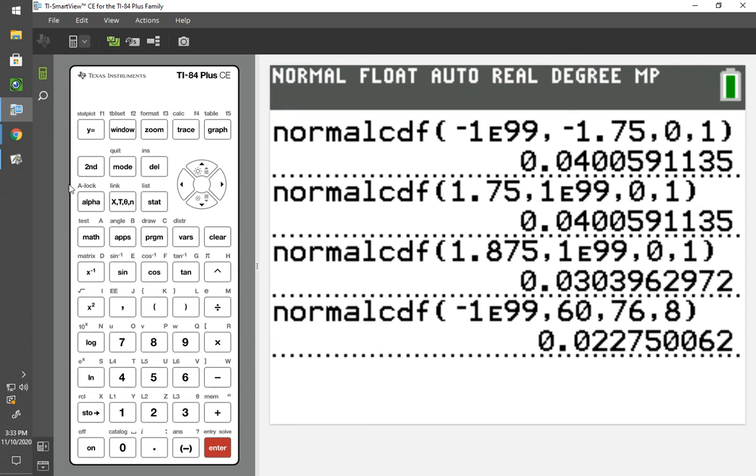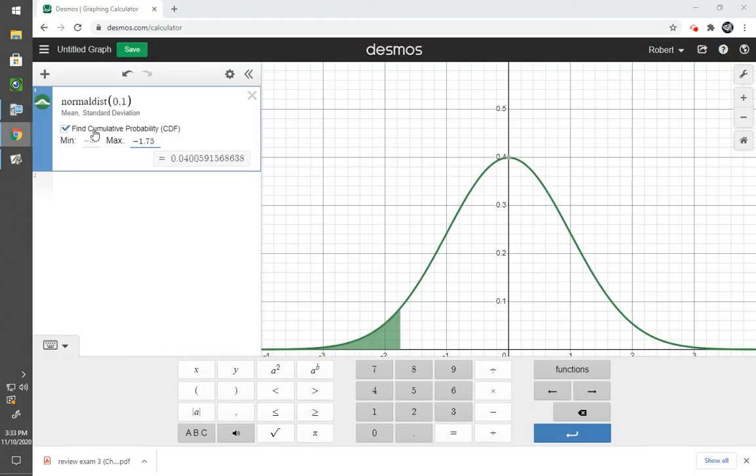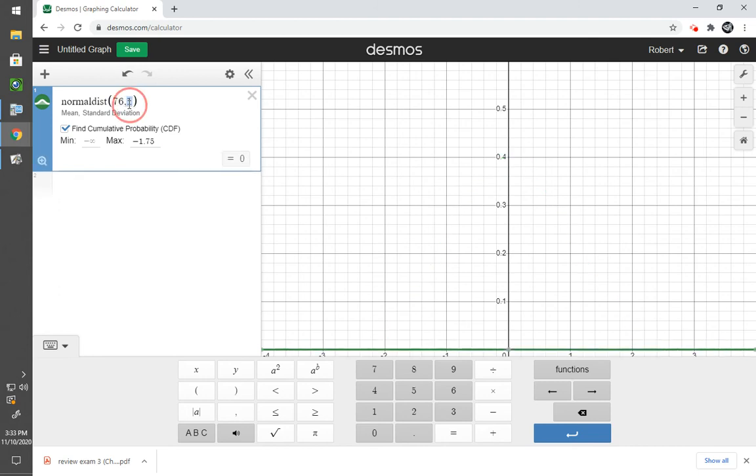0.023. If I were doing that in Desmos, again, try and share the love here. I'm looking to the left-hand side. My distribution is not 0, 1. My distribution is 76 with an 8. My minimum is negative infinity, and my value is 60. Oops, hold on a second. Not -60, that's bad. My value is 60.